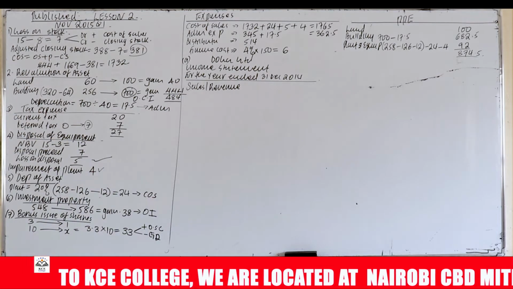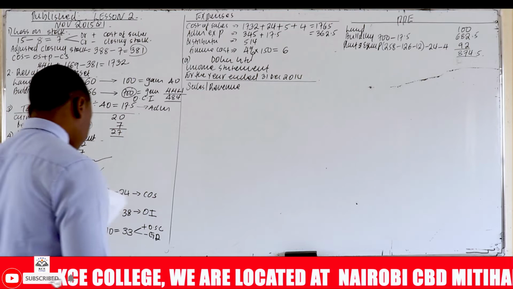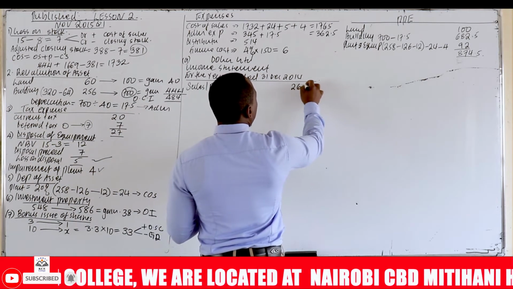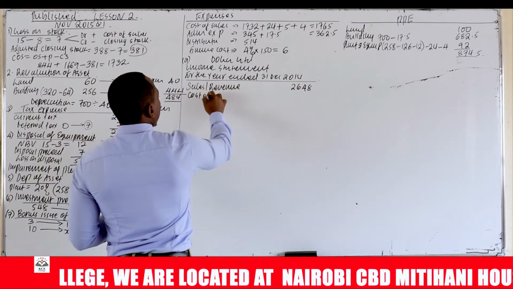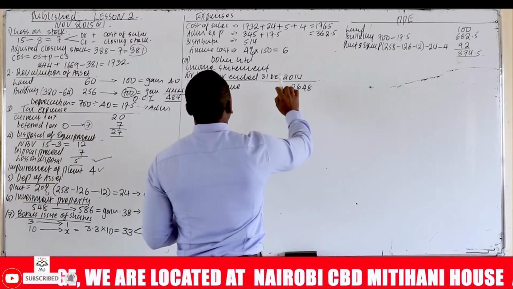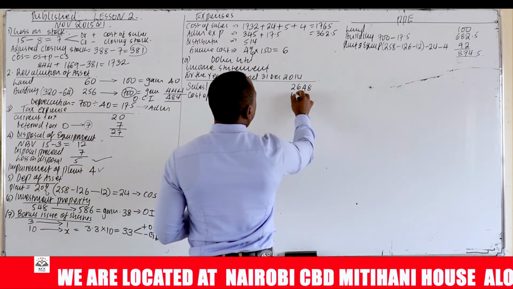Let's go to the trial balance. In the trial balance, how much is our revenue? Our revenue is 2648. Then you deduct the cost of sales. Here is the cost of sales. The adjusted cost of sales is 1765.